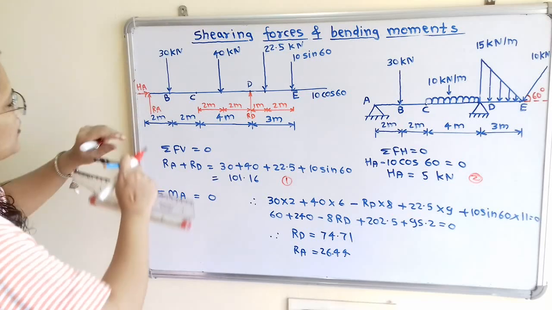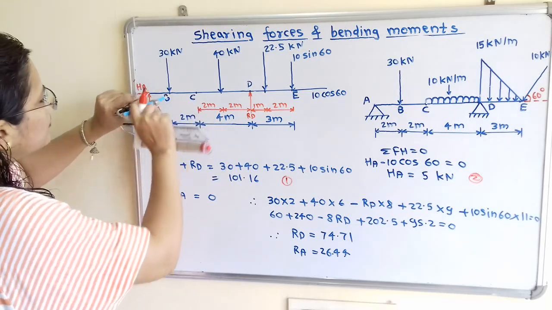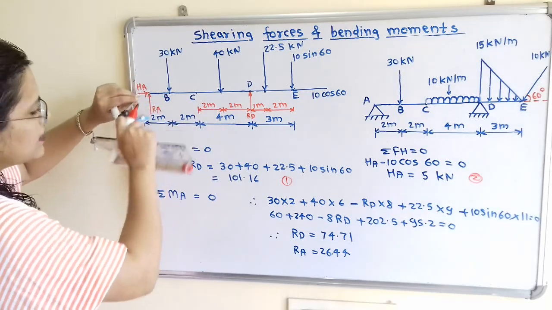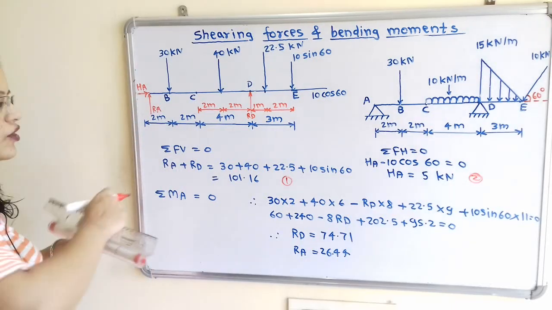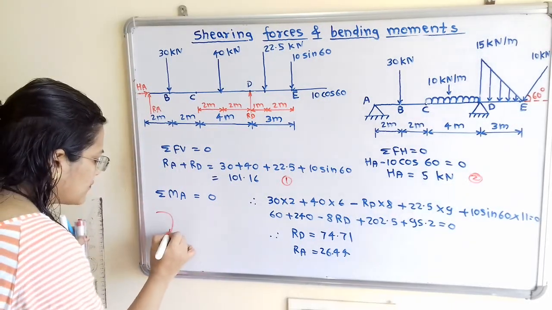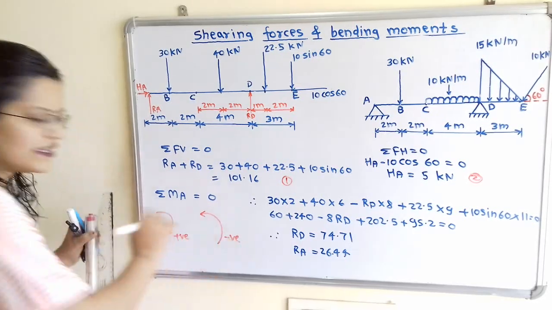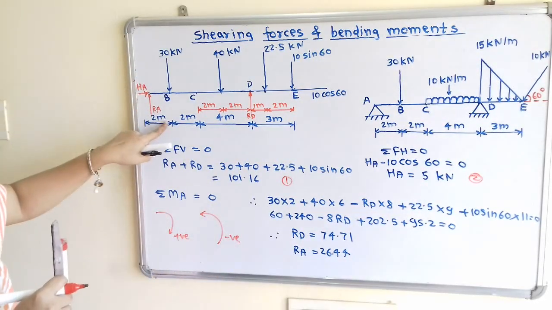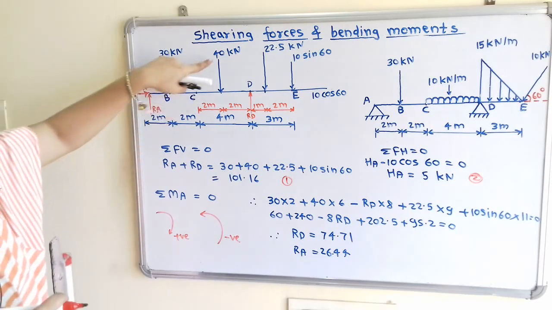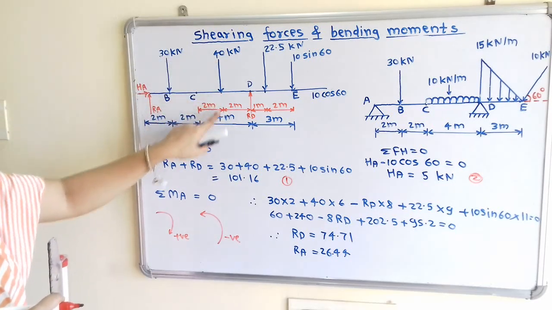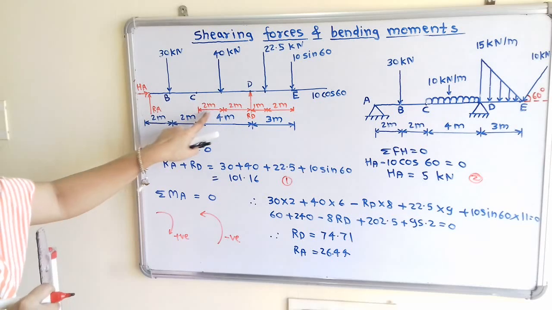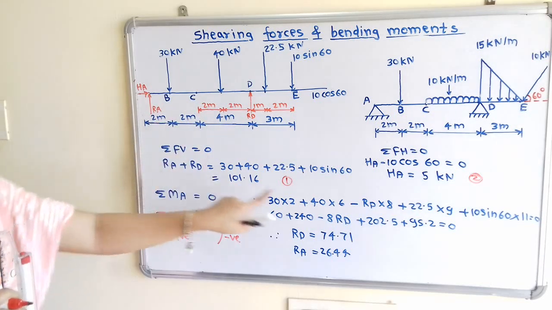If we observe this 30 kilonewton, if I move the compass about point A, it is in clockwise direction. For clockwise direction, we will take positive sign, and for anti-clockwise direction, we will take negative sign. So 30 multiplied by 2 plus 40 multiplied by the distance 2 plus 2 plus 2, that is 6.